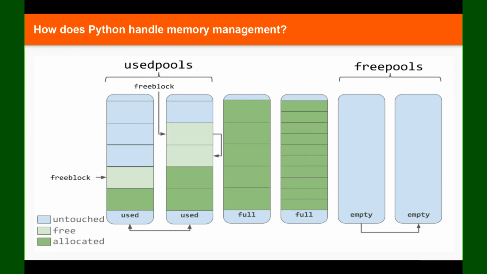Next question: how does Python manage memory? Python handles memory management through a combination of automatic mechanisms and internal optimizations. So we have automatic memory management, inside which we have reference counting and garbage collection.